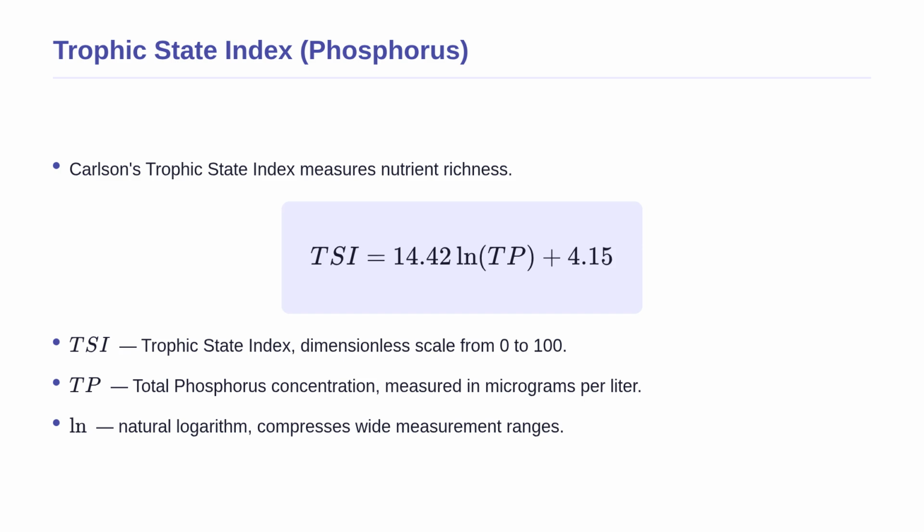TSI is a dimensionless number, usually ranging from 0 to 100. TP is the concentration of total phosphorus in micrograms per liter. The natural logarithm helps compress a very wide range of phosphorus measurements into a neat scale. As phosphorus increases, the index score increases, indicating worse pollution.